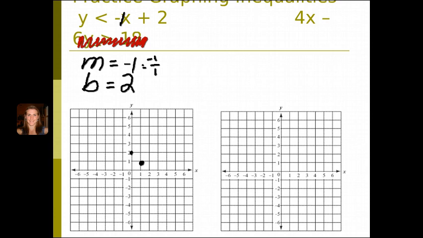Since our inequality symbol is less than, we're going to draw a broken line or a dotted line for the boundary line. And since the inequality symbol is less than, we need to shade what is below the boundary line. And in this case, below this boundary line is going to be everything to the left.